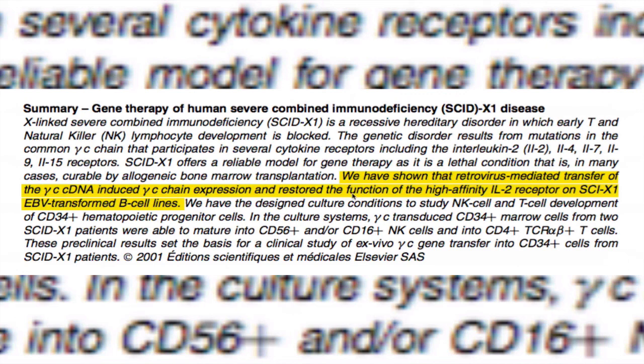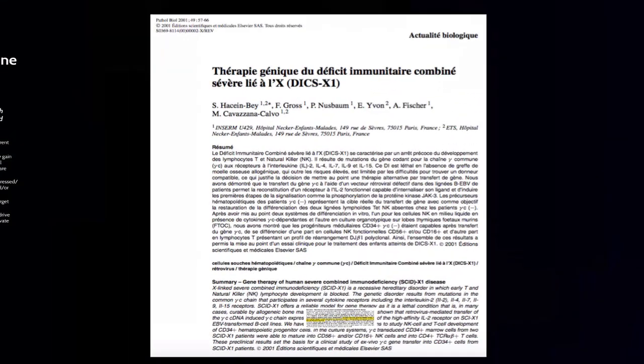And they actually restored the function of the gene, and in many cases restored almost completely the immune function of the individuals, the patients in the clinical trial, indefinitely. Okay. However, of the 20 patients in that original clinical trial, I think 4 or 5 of them ended up getting leukemia, so a blood cancer.